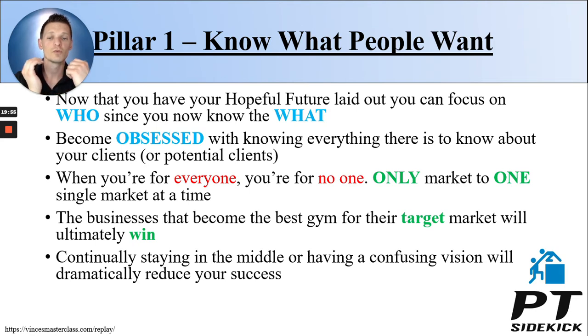Now, when you're for everyone, as in you're promoting for absolutely every single client type, hoping to get just any sort of lead coming in, and trying to sell every single person I can possibly get, you're actually for no one, because no one's really understanding your message, because it's complicated, or convoluted, or vague and confusing.